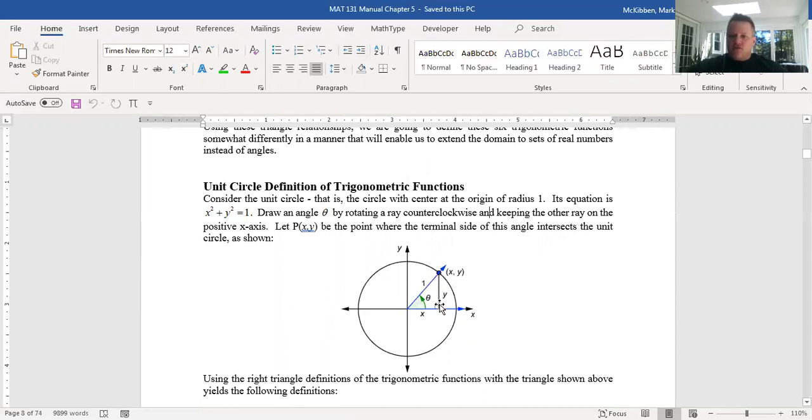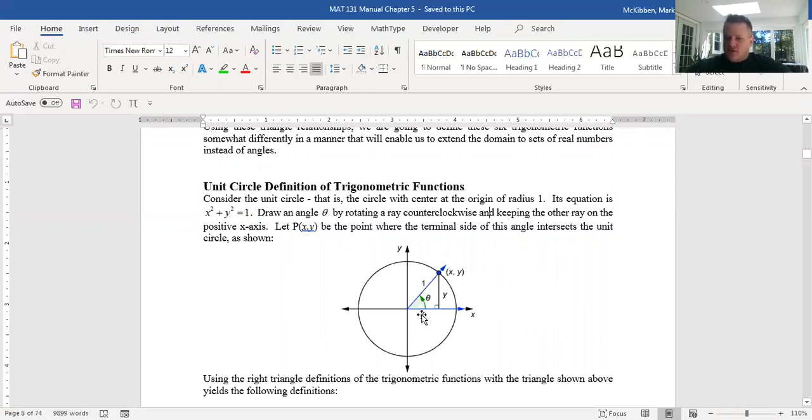And the height of this triangle here, if I drop this point straight down to the x-axis to form a right triangle, the height of the triangle is y and the width is x. All right, and so given that I have a right triangle now, for theta, the adjacent side is x, the opposite side is y, and the hypotenuse is 1.